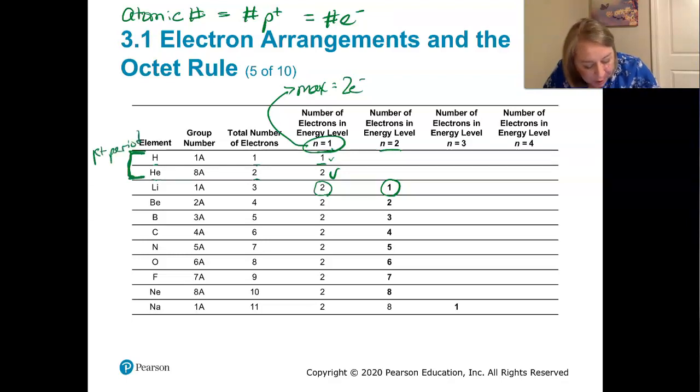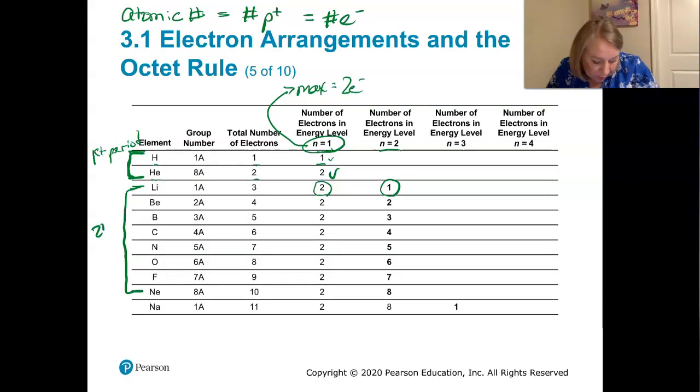Now, when you get to lithium, lithium's going to transition from the first period. Look at your periodic table, you should have that out. We've got lithium, beryllium, boron, carbon, nitrogen, oxygen, fluorine, and neon. These are all in our second period, right?